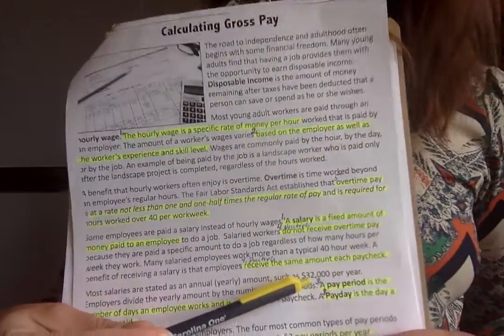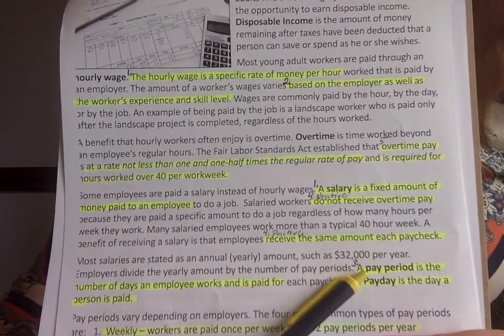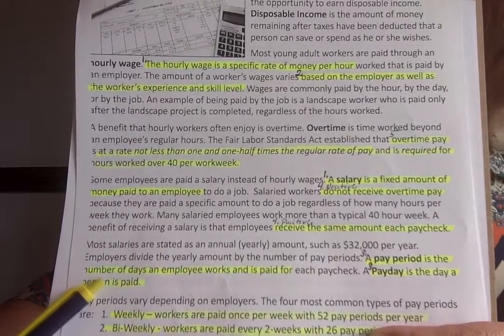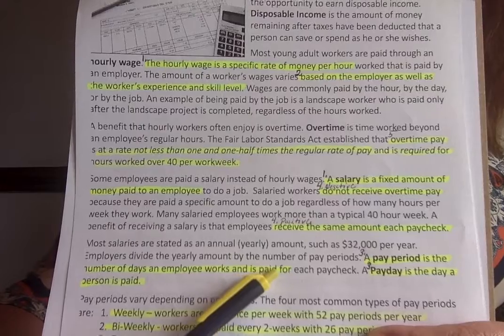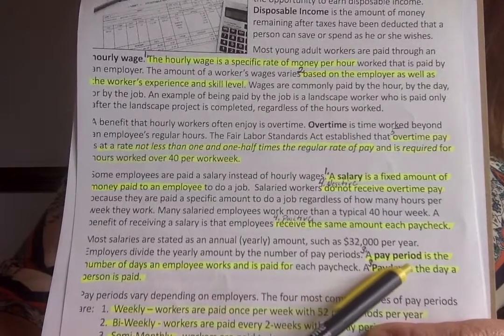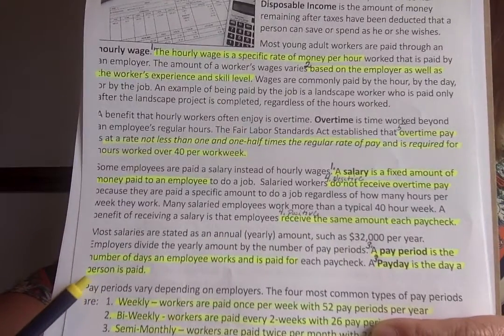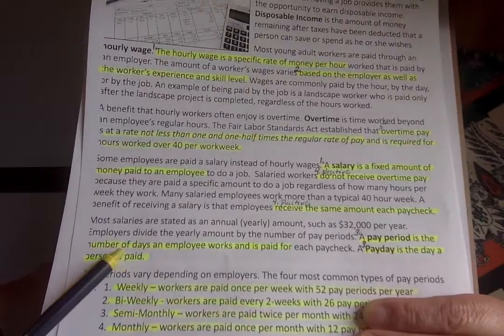Right down here. Your answer to number 3 is, and you can just write it as is, a pay period is the number of days an employer works and is paid. A pay day is the day, sorry, I'm reading it upside down, a person is paid.